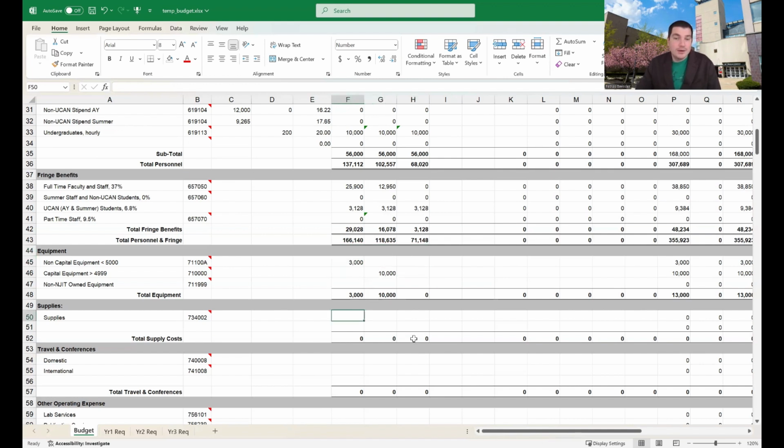Supplies is going to be essentially everything that's not equipment. So this is going to be 3D printer filament, nuts, bolts, cleaning supplies for the lab. It's essentially everything that is consumable, everything that would not be considered equipment: office supplies, printer toner, paper.